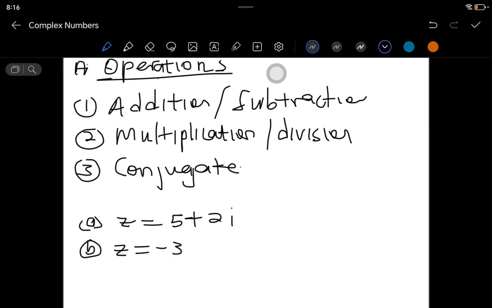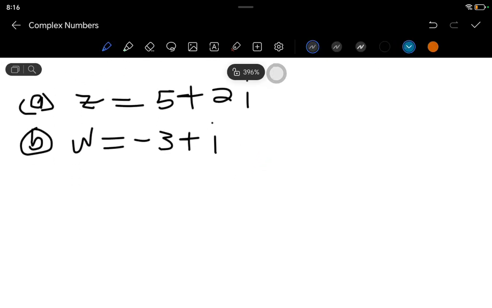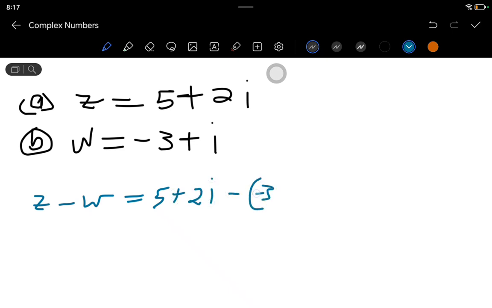So the first operation we can do is to find Z minus W. Z is 5 plus 2i minus W, which is minus 3 plus i. Then we first simplify the other part: plus 3 minus i. And then we gather together the real part, 5 and 3, and the imaginary part, 2 and 1.